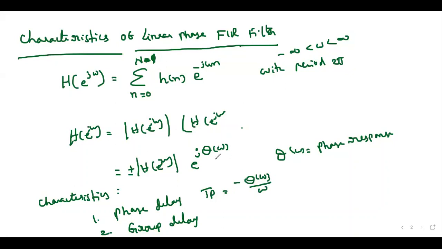So from this phase, if you find the phase delay and it gives a constant, then this phase response is called a linear phase response. So from the phase delay, you can find out whether the FIR filter is a linear phase filter or not. Similarly from group delay. Group delay is equal to minus d of theta of omega by d of omega.